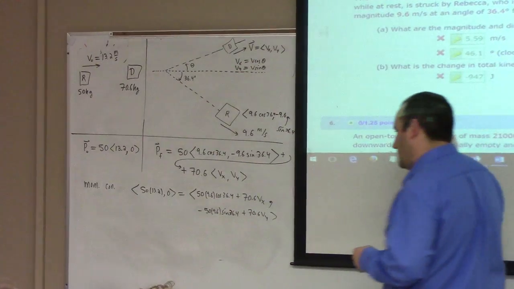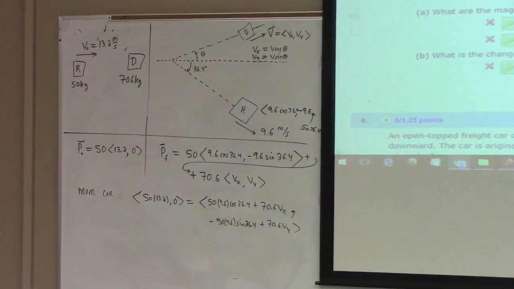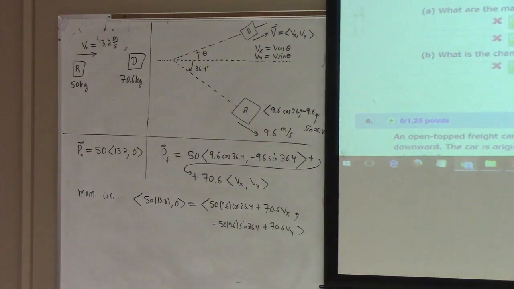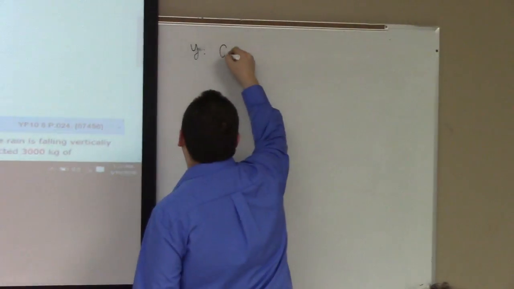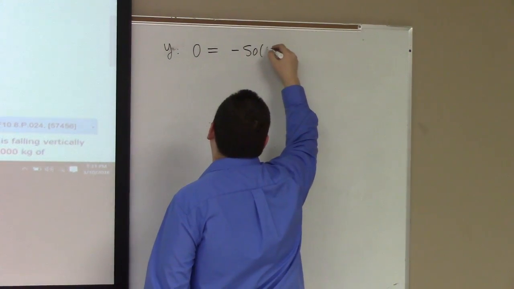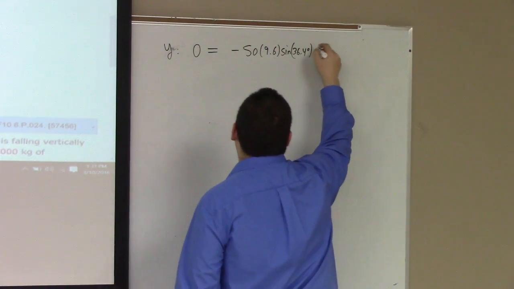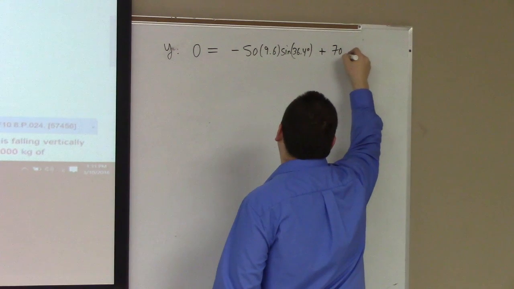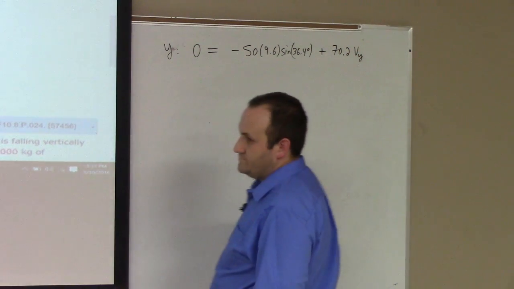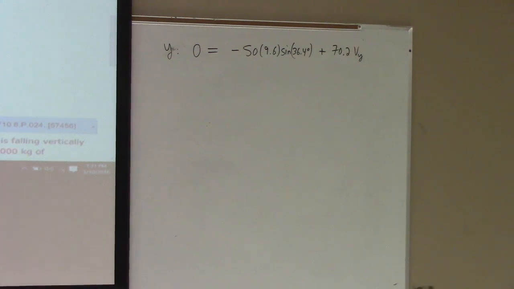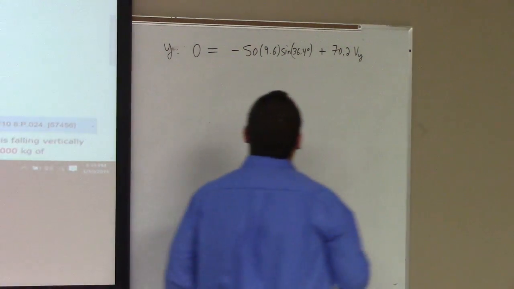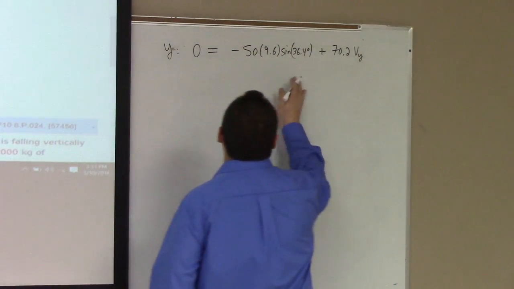Let's see here. In particular, from the y component, I have 0 is equal to minus 50 times 9.6 times the sine of 36.4 plus 70.6 Vy. So that tells me Vy is equal to what?